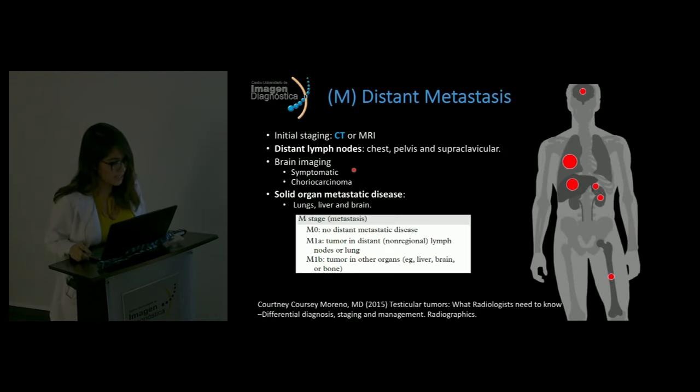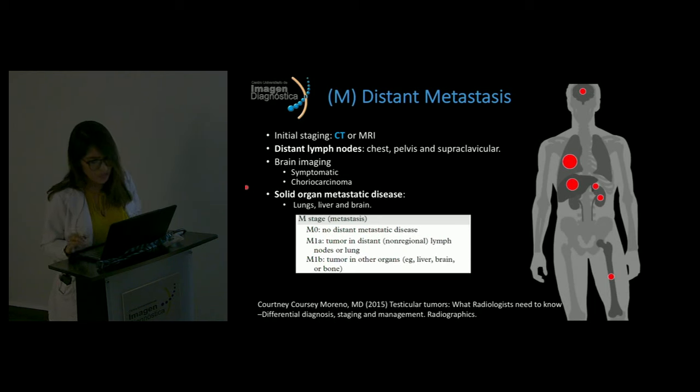The M as for distant metastasis, as we already said, the initial staging will be by CT or MRI, being the CT the first workup. And distant lymph nodes that usually are involved will be in the chest, pelvis, and supraclavicular.